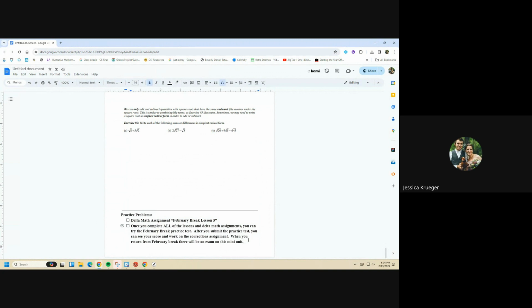And then there is one more Delta Math assignment, and it's a practice test on all of the things I've asked you to do over the break. After you are finished with the practice test, you can see your score, and there's a corrections assignment that you can do. When you return from February break, there will be an exam on this mini unit. So you want to make sure you know how to do all these types of problems, okay?